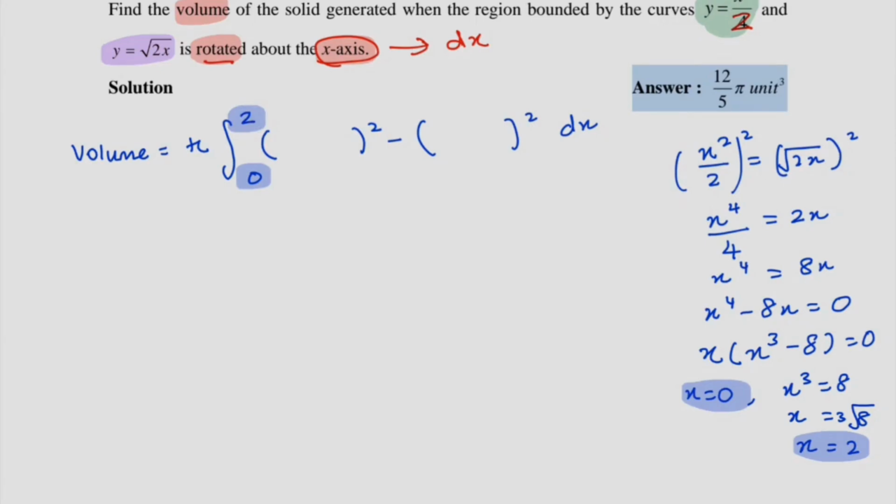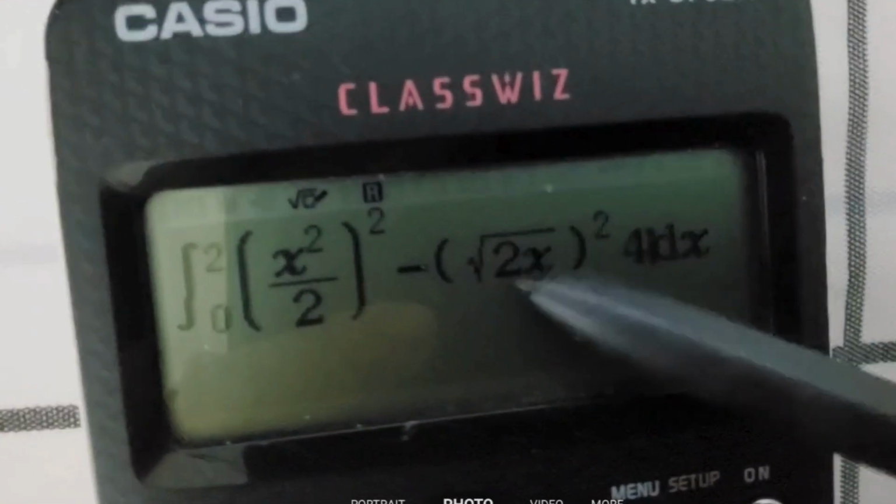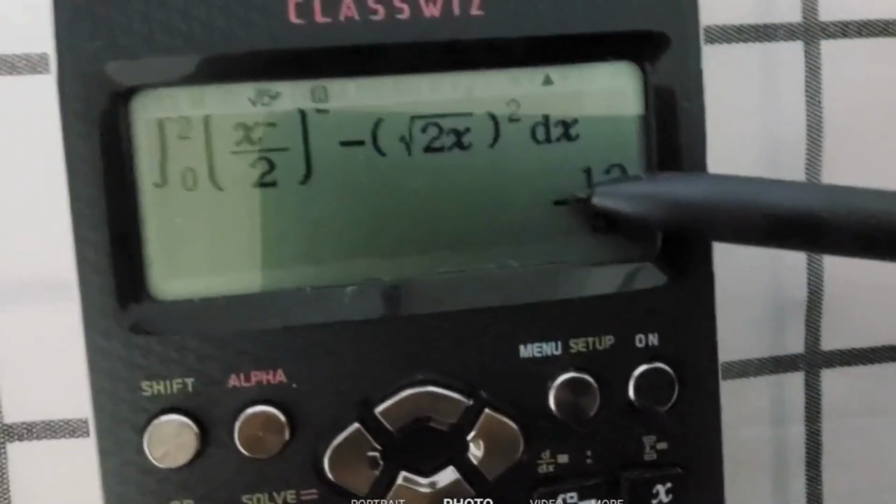Try to substitute the functions into the calculator. Let's first try off with the green function, x squared over 2, squared, minus square root of 2x squared. Key it in on your calculator. You can ignore the pi because pi is definitely going to be positive. So you can just simply press your calculator like this, integral from 0 to 2, x squared over 2 squared minus square root of 2x squared. And when you press the equal sign, your answer is negative.